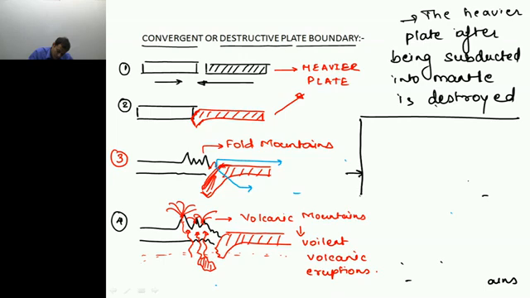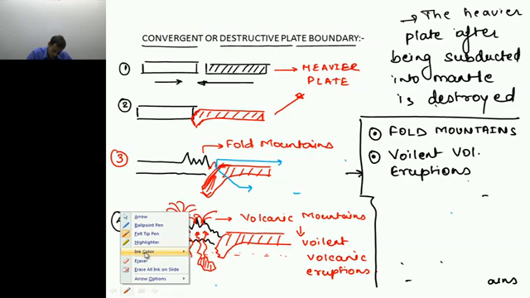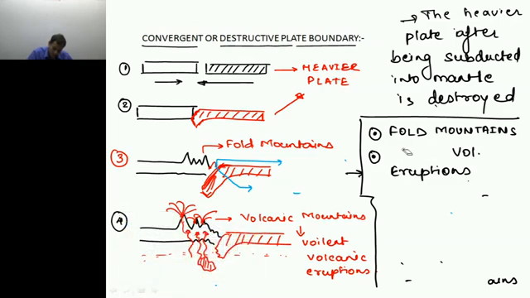What are these plate boundaries associated with? First, they are associated with fold mountains. Second, they are associated with violent volcanic eruptions. Third, they are associated with oceanic trenches.